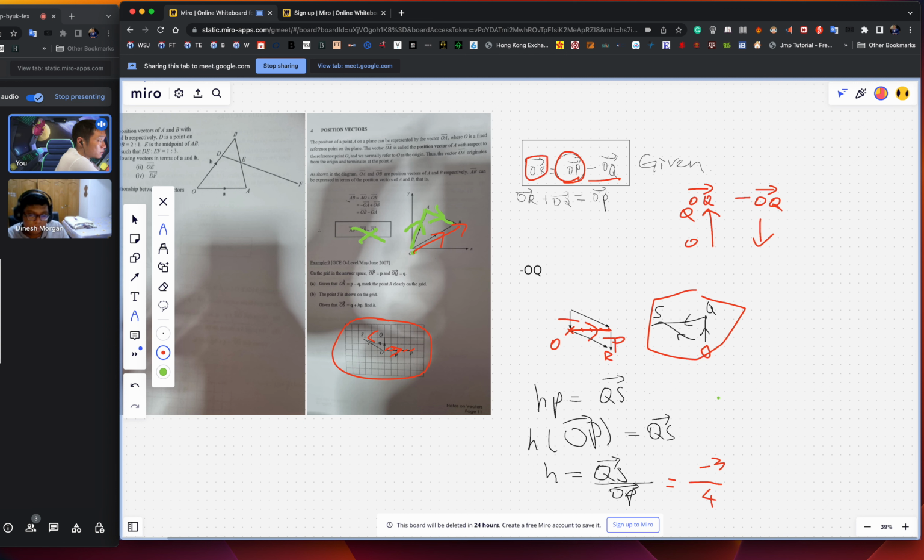So after 5 minutes of break, we log into Zoom first, shall we? Then after that we come back to this later, because I think my stylus has some problem. Sorry about it.